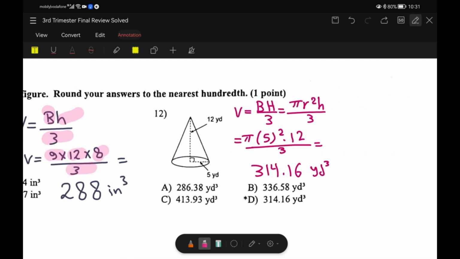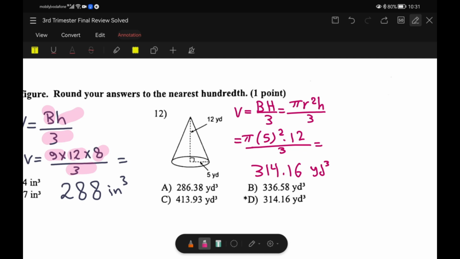At number 12, we need to find the volume of that cone. The volume of any cone equals, as I told you, B times H over 3. B is the area of the circle, the area of its base, times the height of the full shape, all of them over 3. Let's substitute.